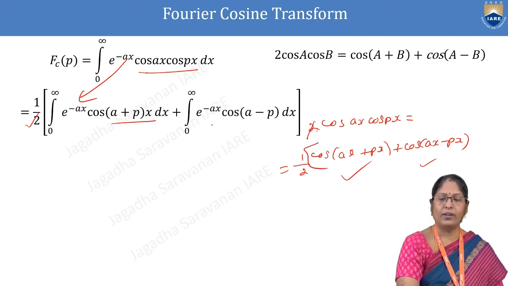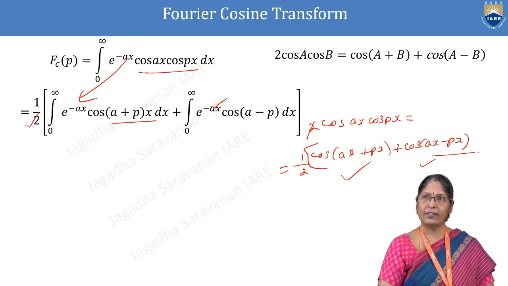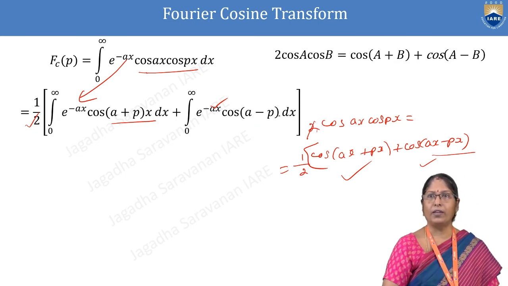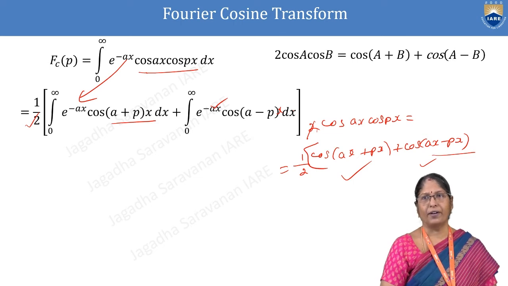So the second one, e power minus ax. Here also we are noticing x is common, so cos of a minus p of x dx.